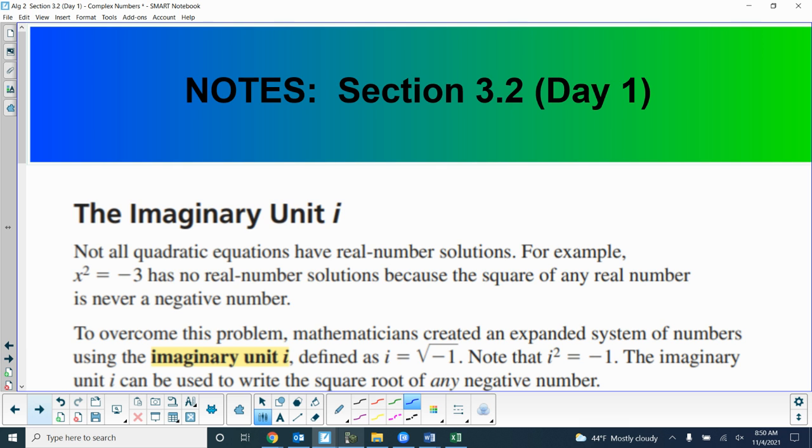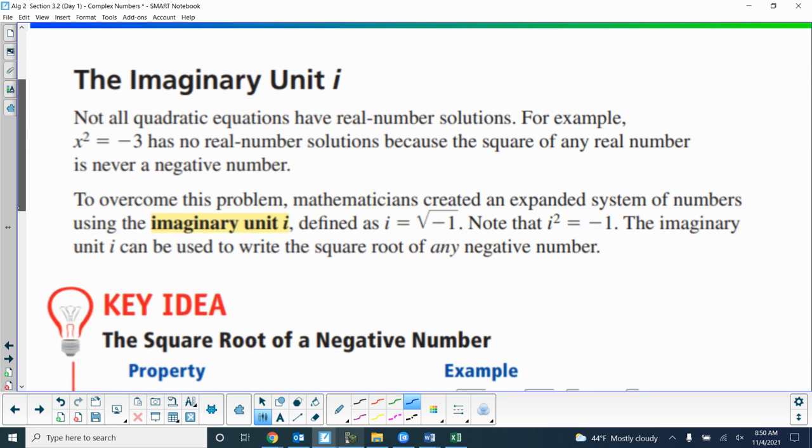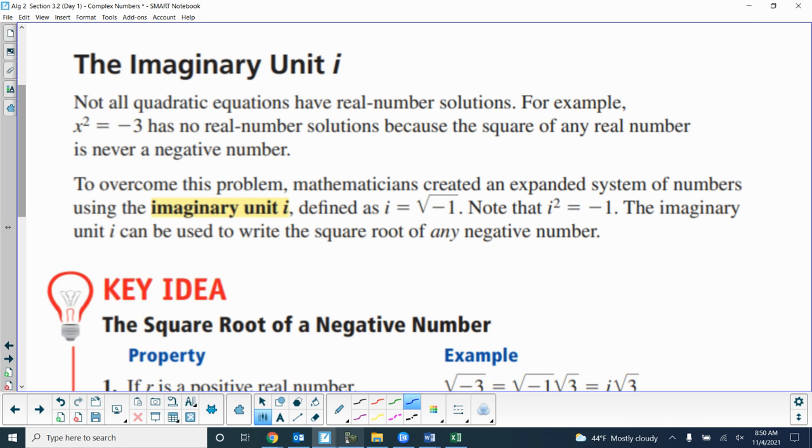So I talked about this the other day really briefly because we had a problem in one of our examples that we were taking the square root of a negative number. All right? So we talked about the imaginary unit. I think that might have been Monday or Tuesday. All right? So it says not all quadratic equations have real number solutions.